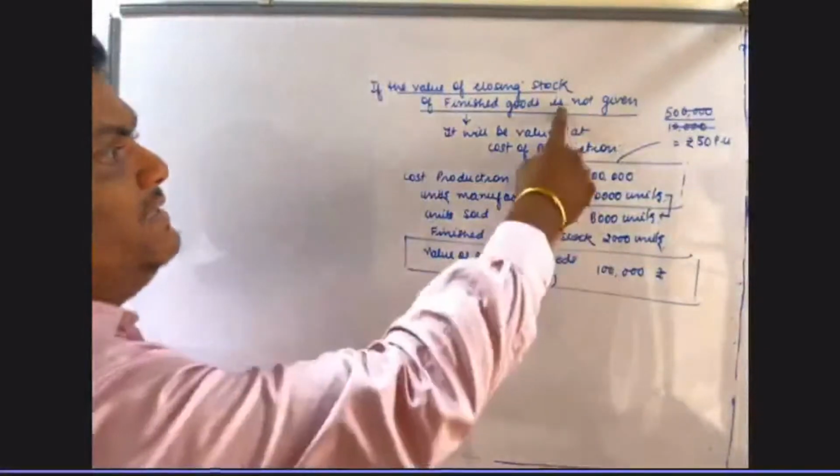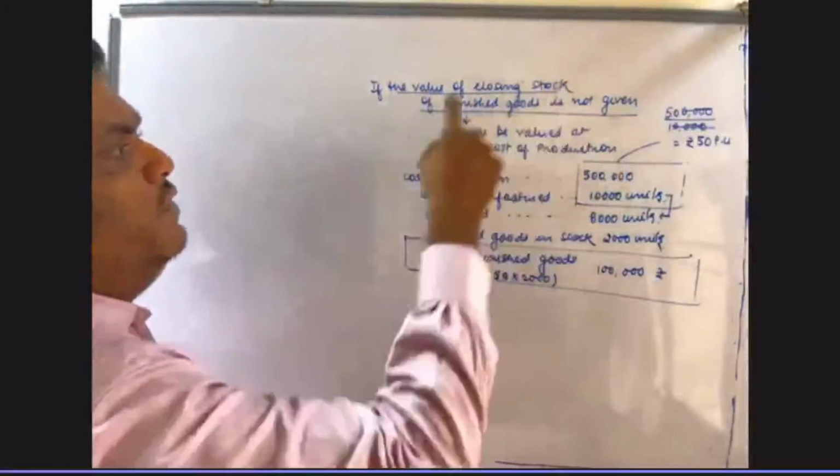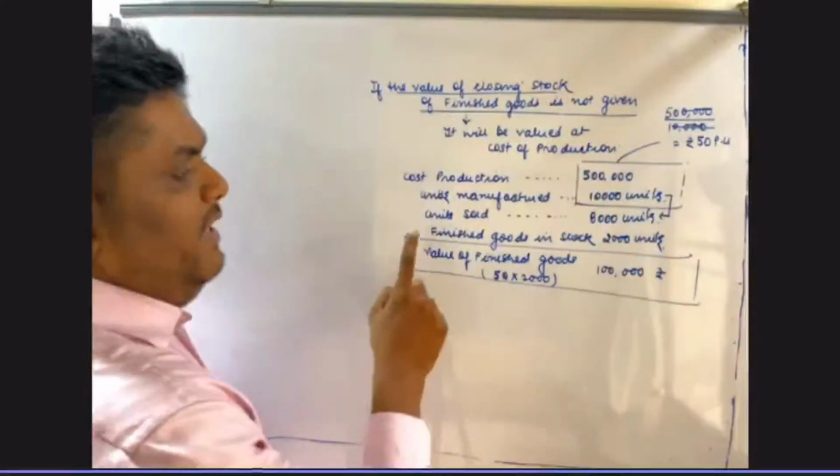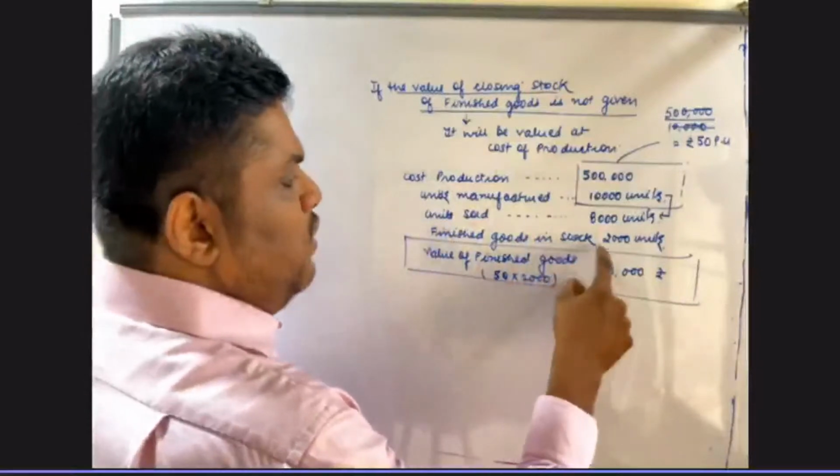If the value of closing stock of finished goods is not given, further, here it is finished goods in stock 2,000 units.